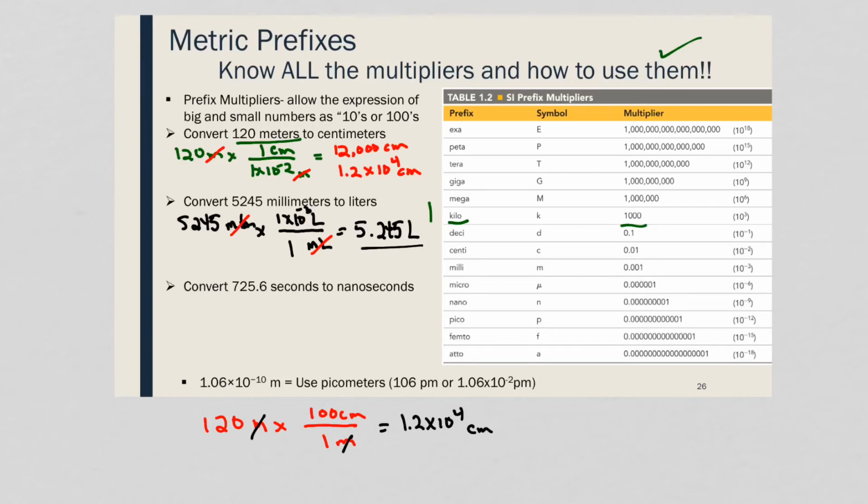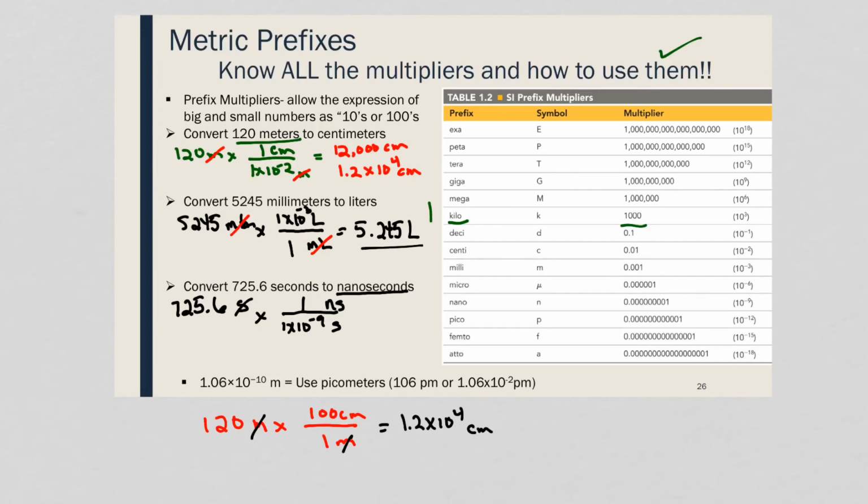And lastly here, I got 725.6 seconds, and I want to convert it into nanoseconds. So it's going to follow the same pattern where I have my original unit on the bottom to cancel, I have my target unit on the top, and from looking at my table I know that 1 nanosecond is equal to 1 times 10 to the minus 9th seconds.